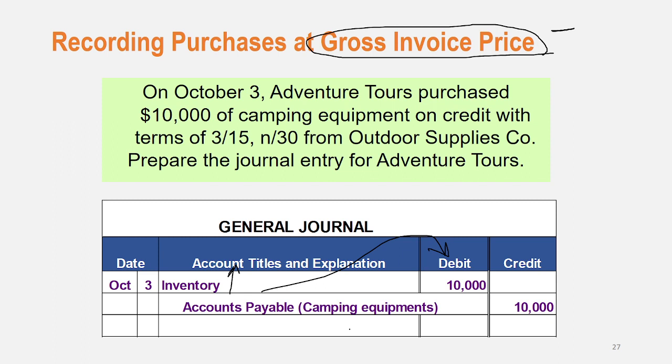This account is a liability, and we credit accounts payable to increase its balance by $10,000, the total amount before any discount, because we are using the gross invoice price method and we do not consider the amount after discount.